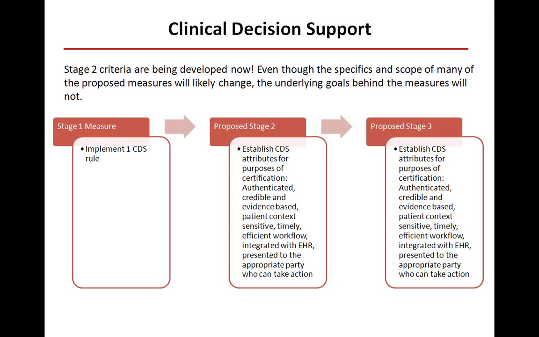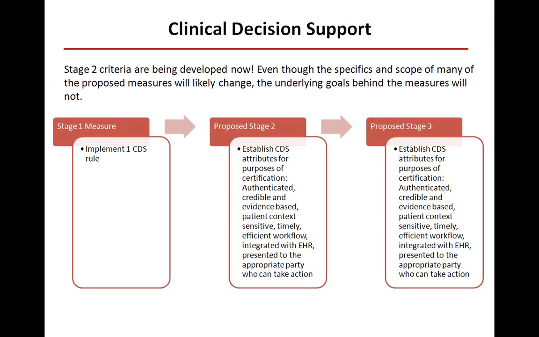So looking ahead to Stage 2 and Stage 3, we really see that CMS is focusing on what they can do to ensure that the clinical decision support rules that are implemented in your system really are evidence-based rules that support quality of care. Again, this is a very vague description, but we do know that they're looking into how they can possibly certify CDS or suggest or recommend or ask for documentation of clinical decision support that is authenticated, credible and evidence-based, patient context sensitive, timely, supports an efficient workflow, integrated with the EHR, and presented to the appropriate party who can take action.